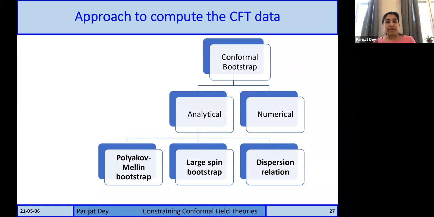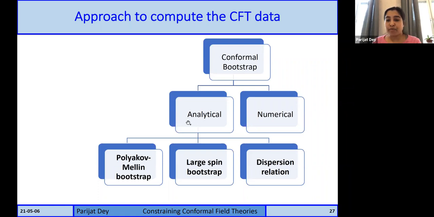Now there are several approaches to compute the CFT data, both analytical and numerical. Here I should mention that these techniques are being developed by several groups, and I will only be talking about the stuff that directly overlaps with what I am doing.